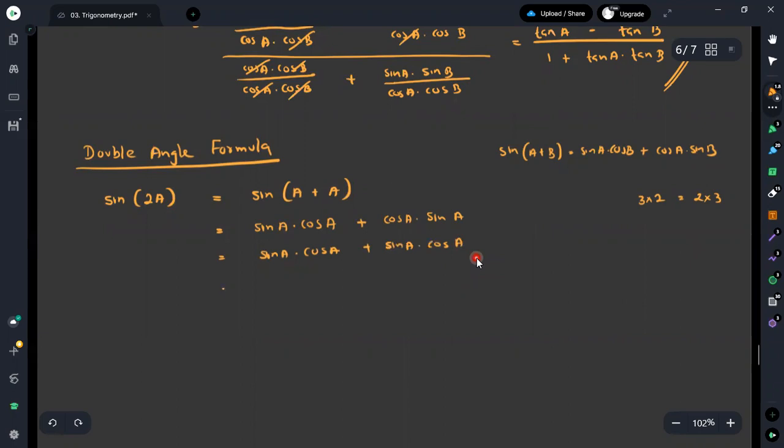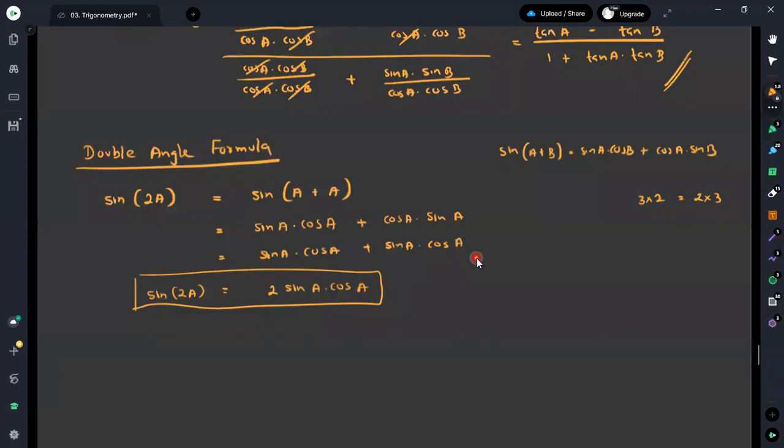Therefore, the addition can be given as 2 times sine A cosine A. So the value for sine 2A is 2 times sine A times cosine A.